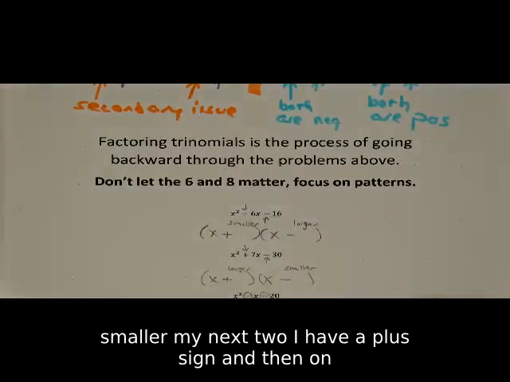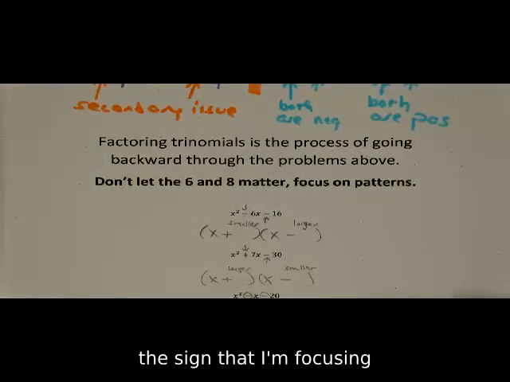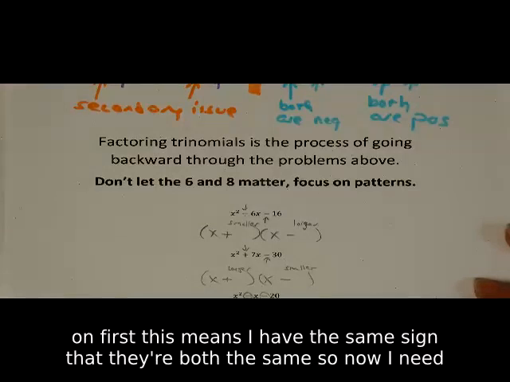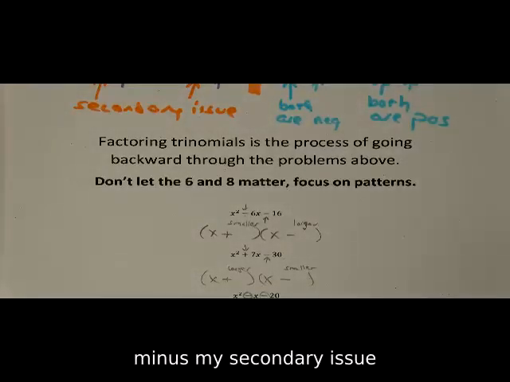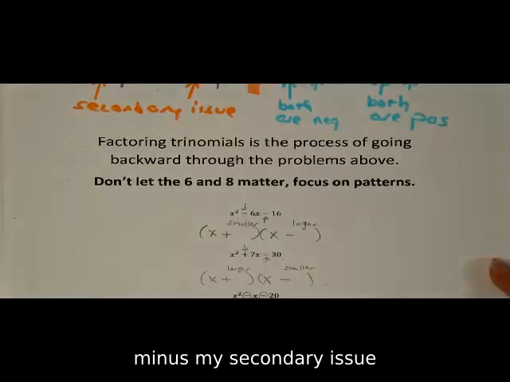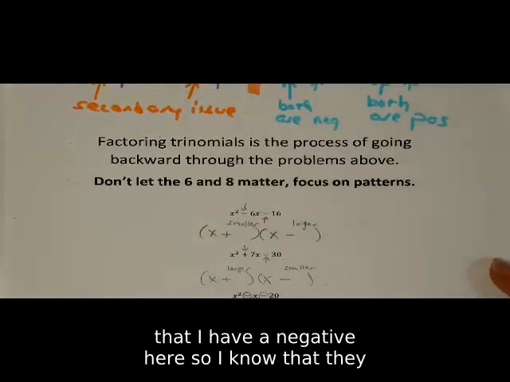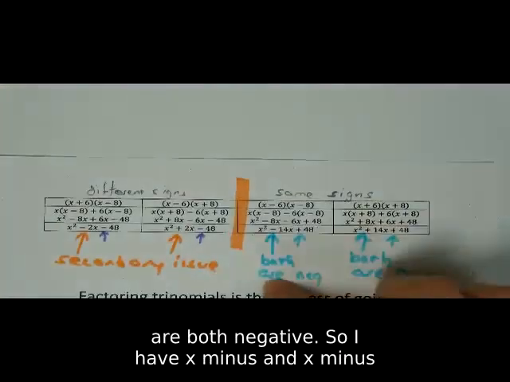My next two, I have a plus sign on the sign that I'm focusing on first. This means I have the same sign, that they're both the same. So now I need to figure out if I'm going to put plus plus or minus minus. My secondary issue is that I have a negative here, so I know that they are both negative.